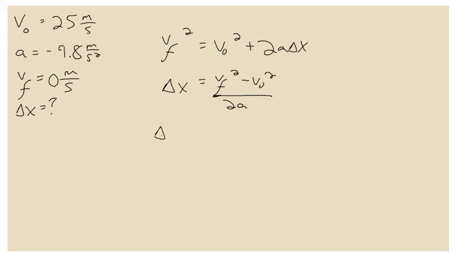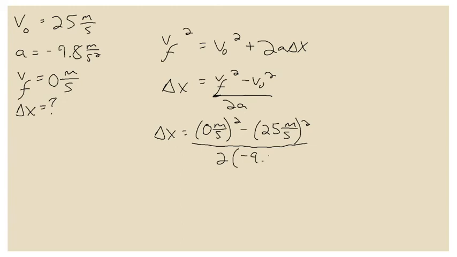And when we plug in the variables here, we get delta x equals 0 meters per second, whole thing squared, minus 25 meters per second, whole thing squared, over 2 times negative 9.8 meters per second squared. 25 squared is 625, and 9.8 times 2 is 19.6.